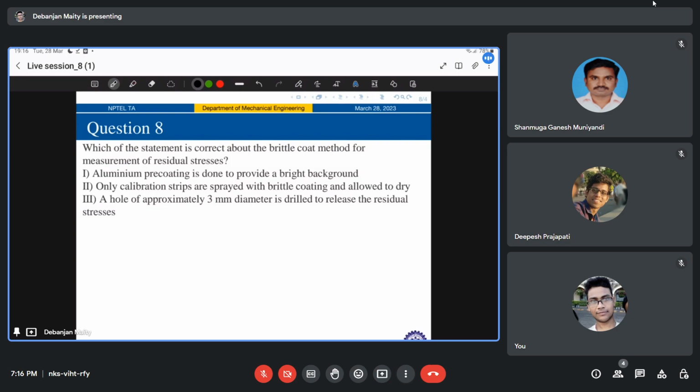Okay. So coming to the different measurement techniques of this residual stress, what are the different techniques available? There must be some effective way to measure such stresses, right?